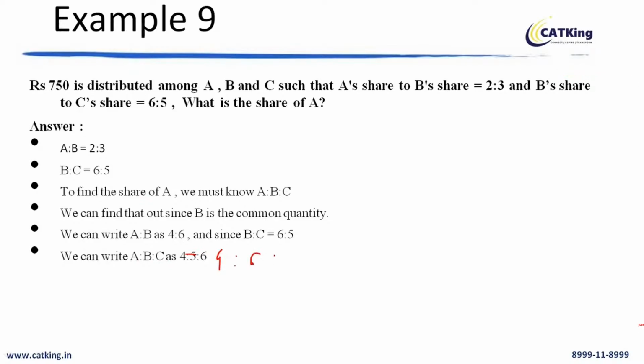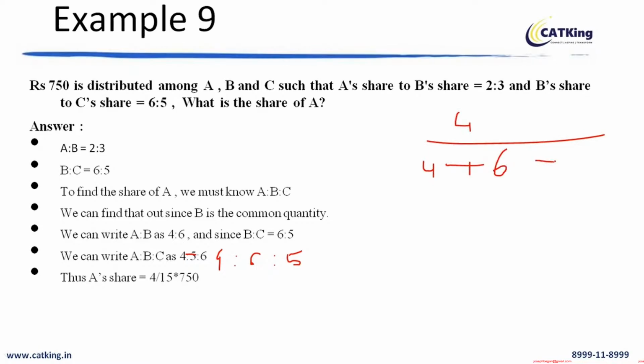Since B is 6, we write it as 4:6:5. So the share of A is equal to 4 upon 15. Now we are doing this the second method, the upon method. So 4 upon 4 plus 6 plus 5, into 750.